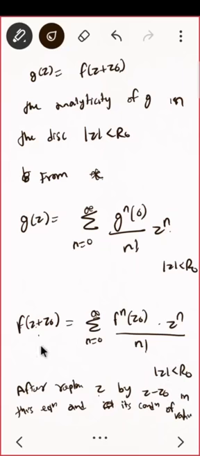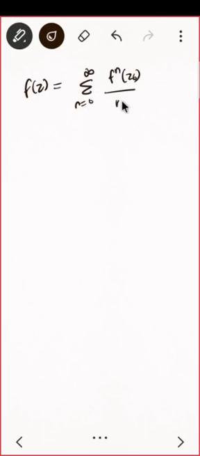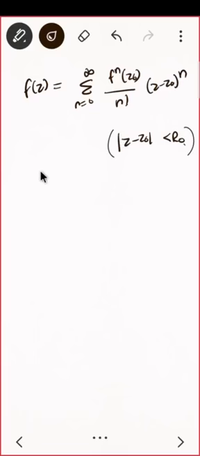So in both places we just have to replace z by z minus z naught. What will I have in the left hand side? It will be f of z, and that will be equal to summation n equal to 0 to infinity f nth derivative at z naught upon n factorial, and here it will be z minus z naught raised to n, where mod z minus z naught is less than r naught. Hence proof. This is your condition.